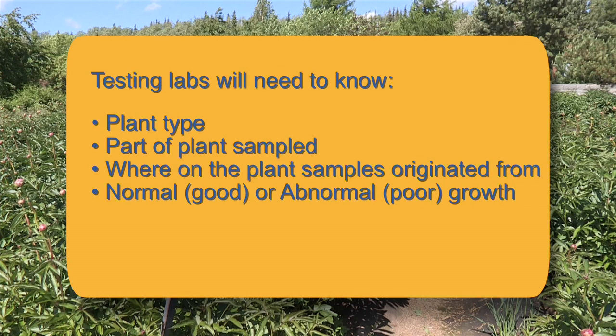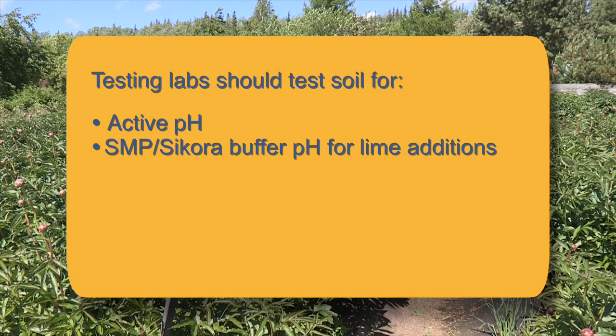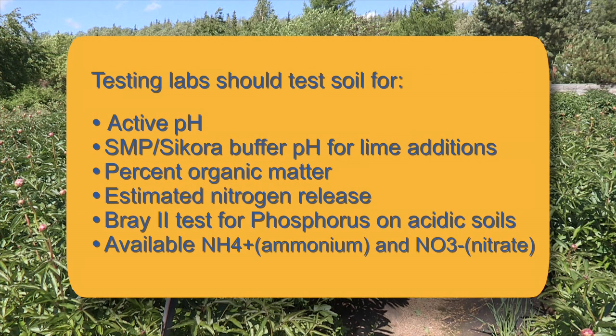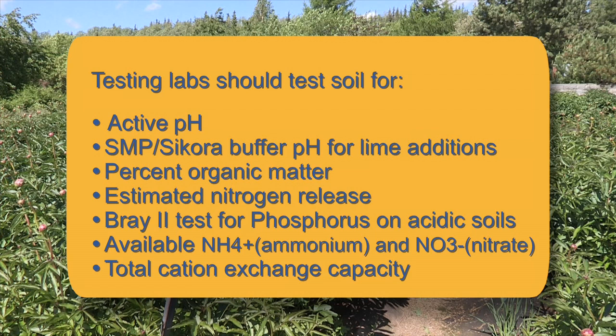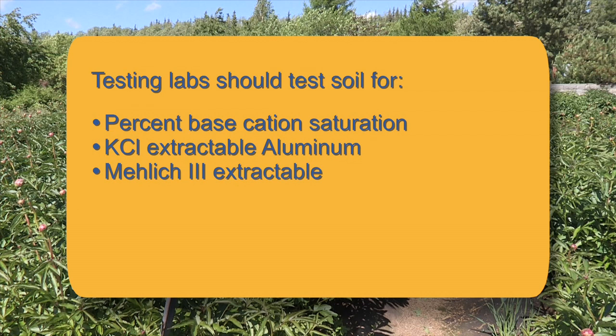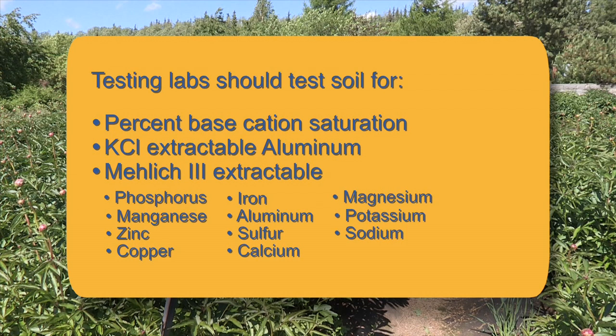For soil analysis, the lab should be able to do the following soil sample analysis: active pH, SMP Shoemaker buffer pH for lime additions, percent organic matter, estimated nitrogen release, Bray 2 test for phosphorus on acidic soils, available NH4 ammonium and NO3 nitrate, total cation exchange capacity, percent base cation saturation, KCl extractable aluminum, and the Mehlich 3 extractable phosphorus, manganese, zinc, copper, iron, aluminum, sulfur, calcium, magnesium, potassium, and sodium.